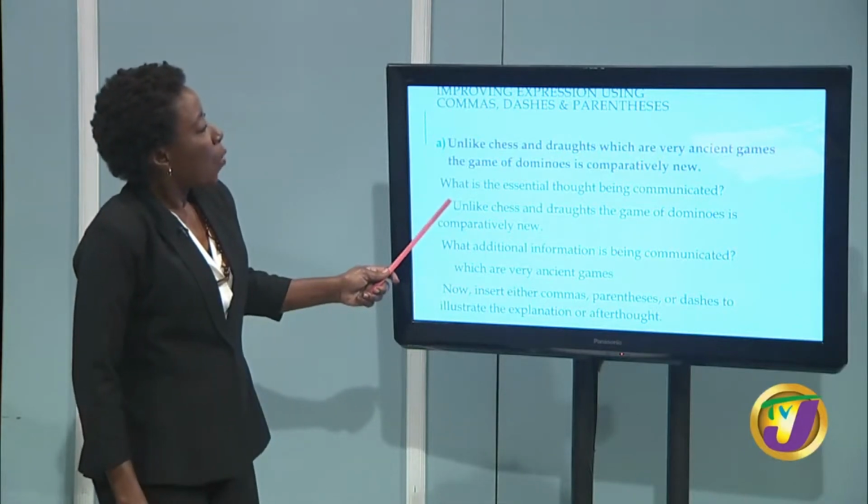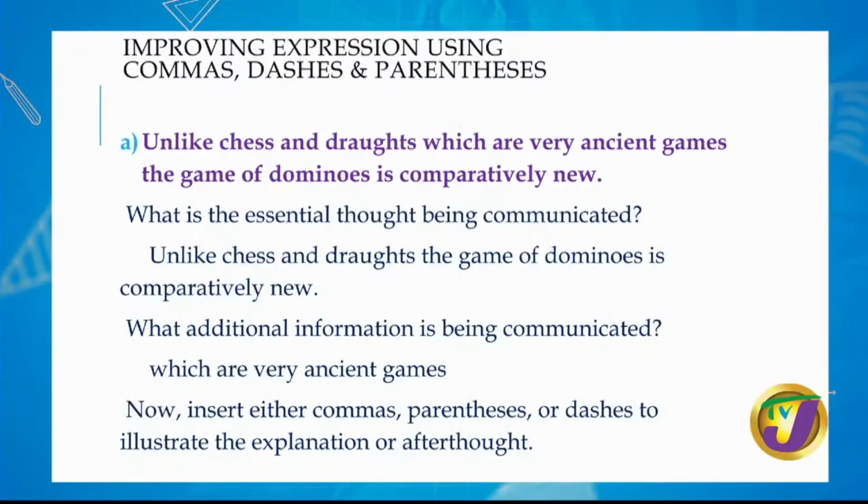Now, unlike chess and draughts, the game of dominoes is comparatively new. So that's what it is saying. You know, domino is not an old or ancient game. So this is the essential.